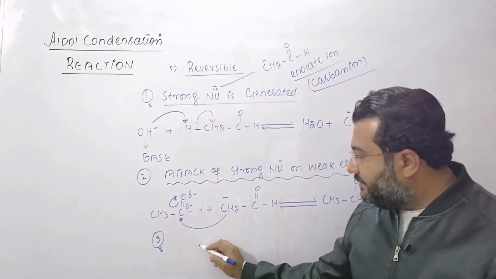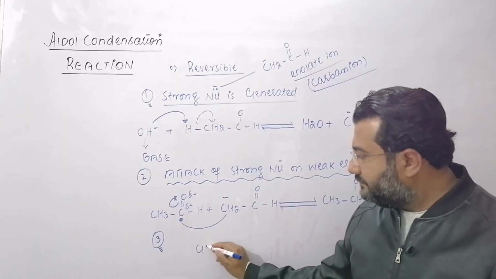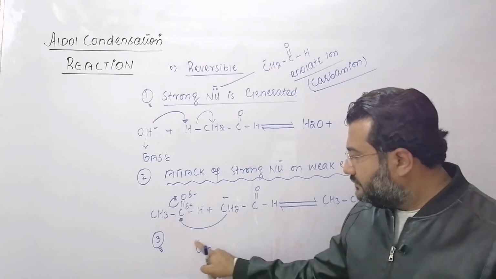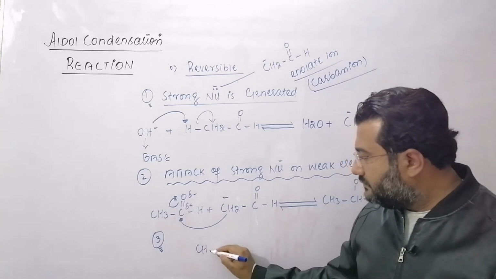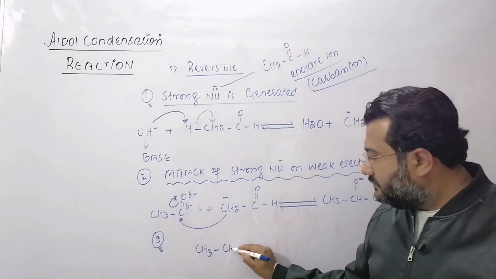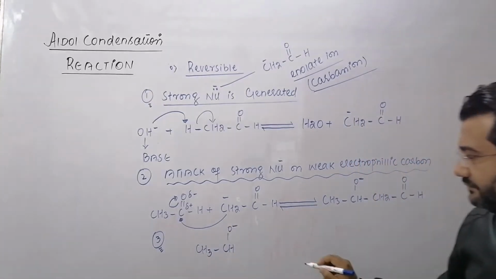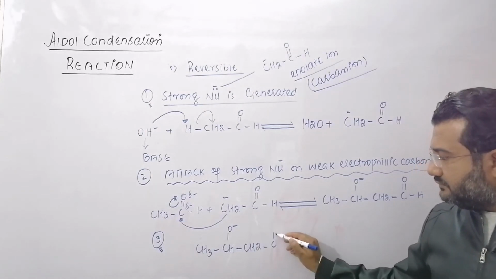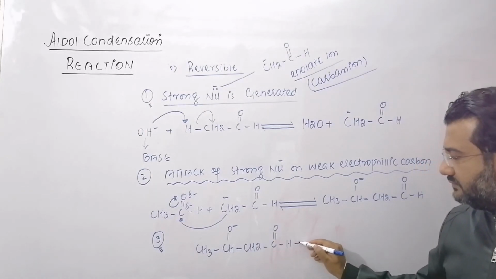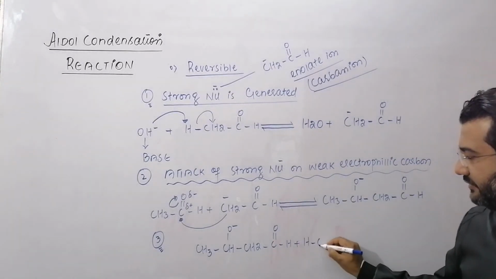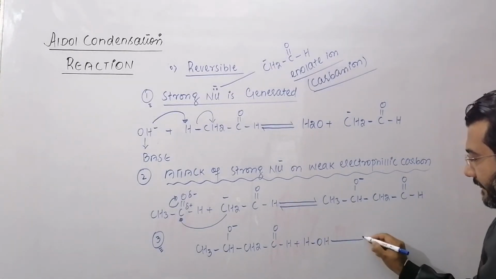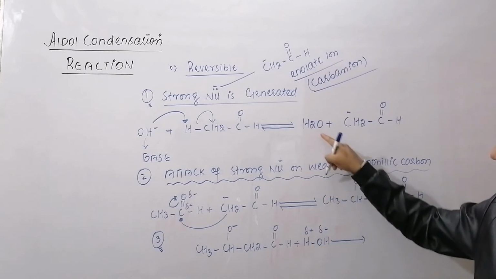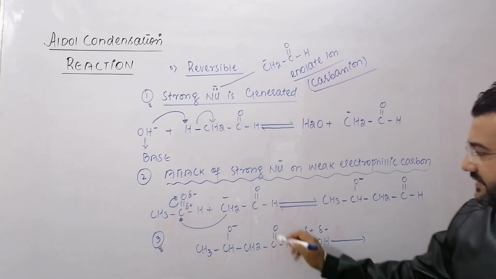So in the third step, the negative oxygen will attack the hydrogen of water, and this is the water which was produced in the first step.